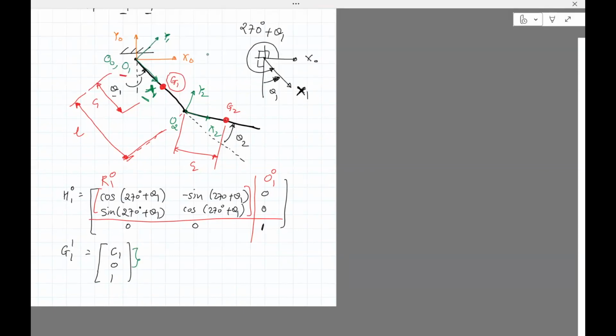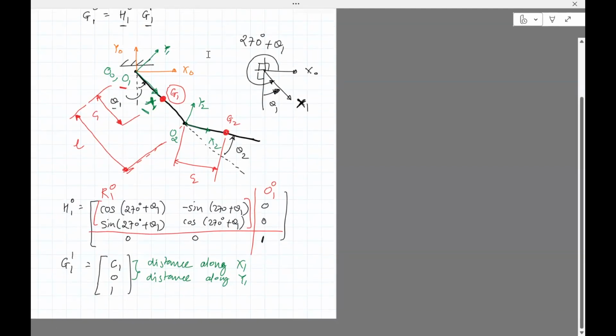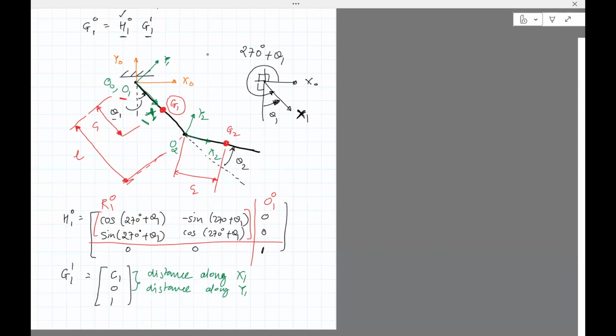This is the distance along x1, and this is the distance along y1. What remains now is some math, and I'll just do that quickly. I'll write G1 by putting these two values together and simplifying the expression for G1 in frame 0.